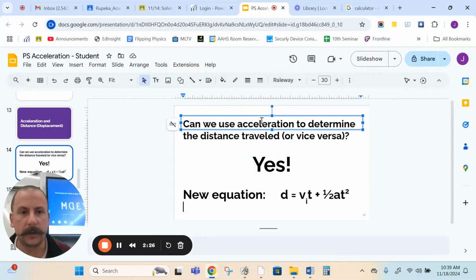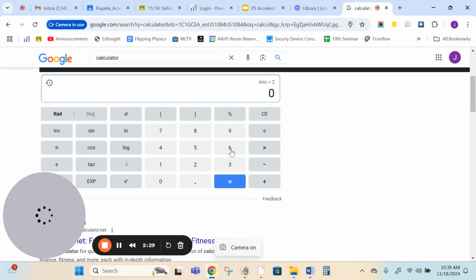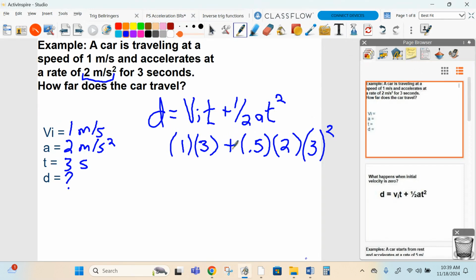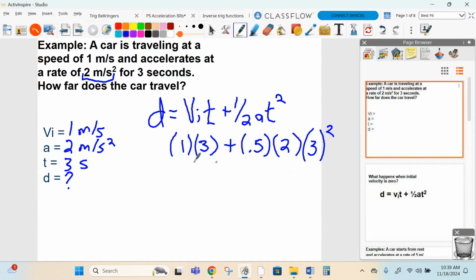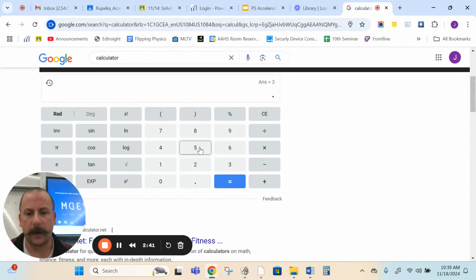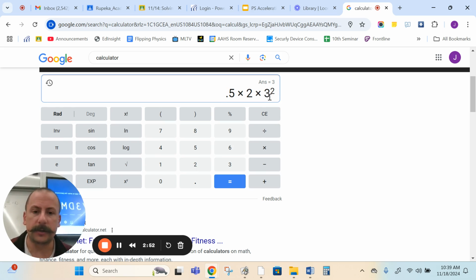Now I can go through and type this in my calculator. And if you are using the Google calculator, I'll come over here to this page. 1 times 3, that gives me 3, plus 0.5 multiplied by 2, that was the acceleration, multiplied by 3, x to the y, squared. I need to make sure that I put that square attached right to the 3.